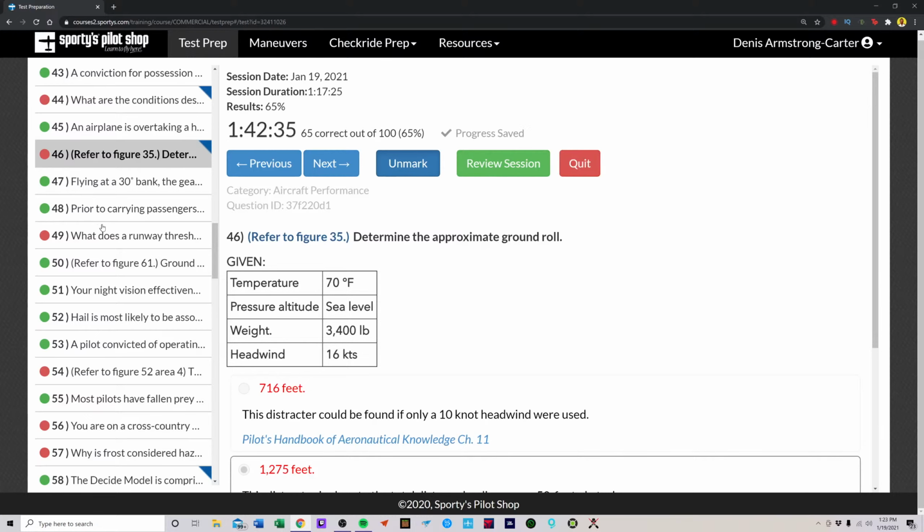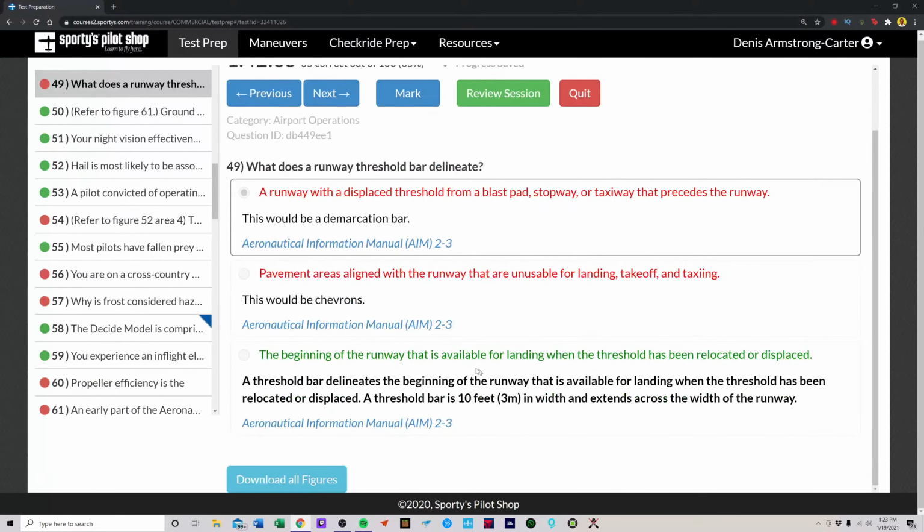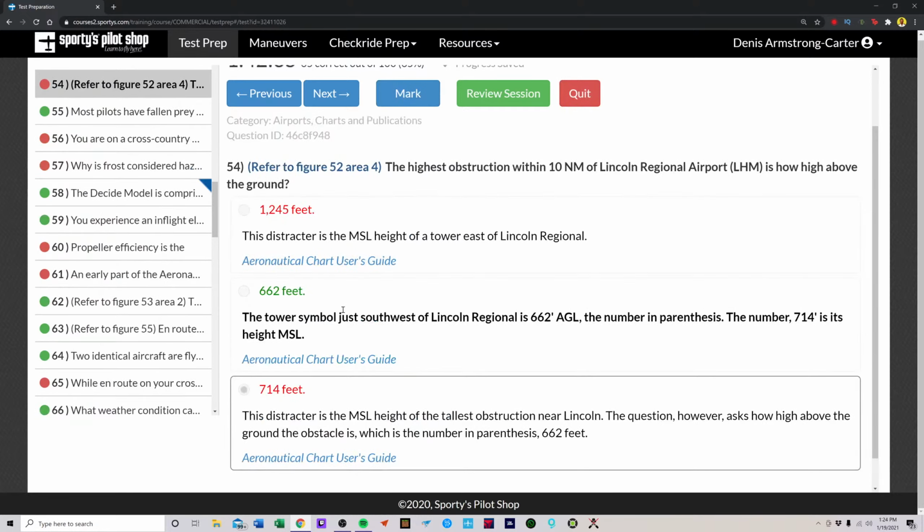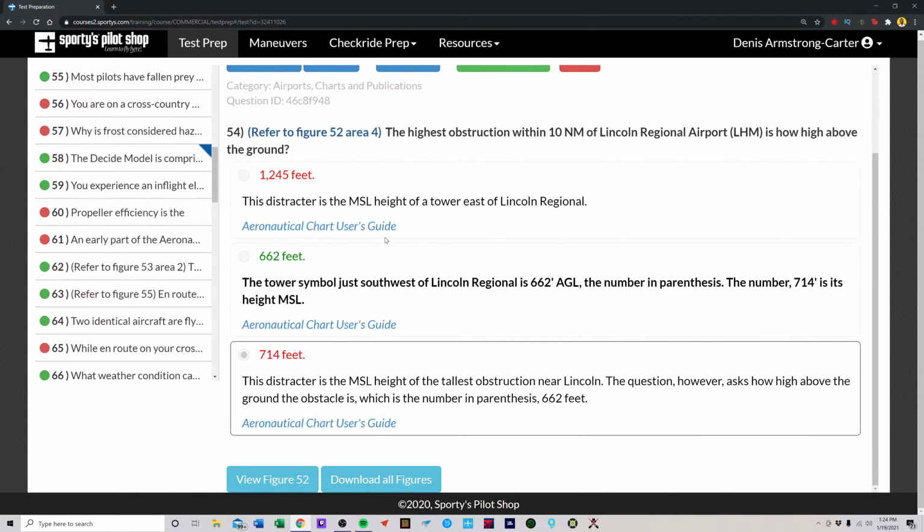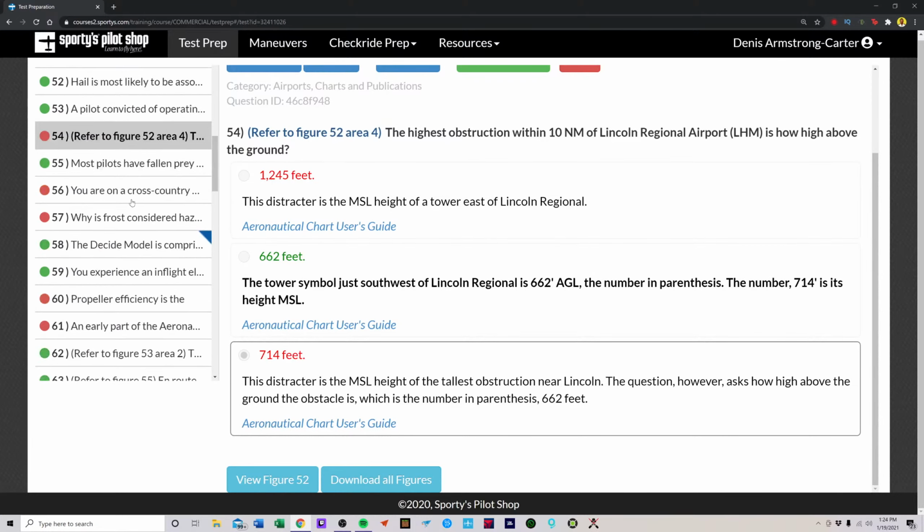Alright, you gotta do 53% for that one as well. Alright. Interesting. $662. Alright, so for AGL it's the parentheses. Okay, MSL is the normal one. Alright.